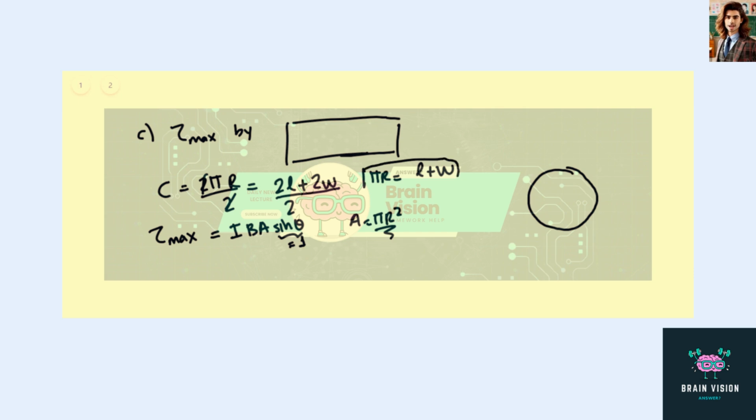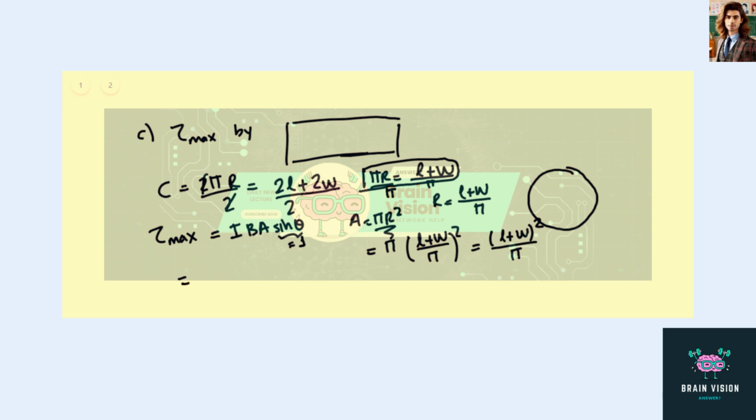We deduce pi r from here. Then r, by dividing both sides by pi, is going to be L plus W divided by pi. Now, if we're calculating the area in terms of L and W, then we have L plus width over pi, squared. Since we have pi squared in the denominator, one is going to cancel this pi out. What we're going to have is the length plus width squared over pi as our area of this circular loop.